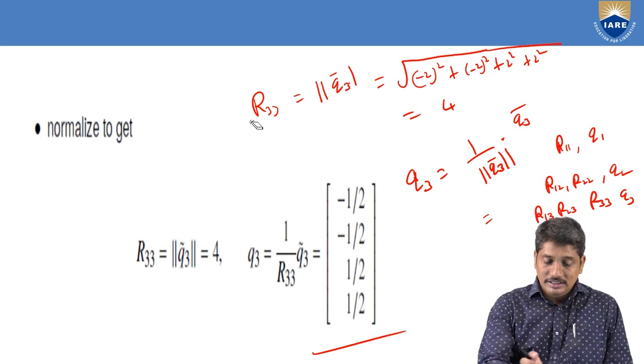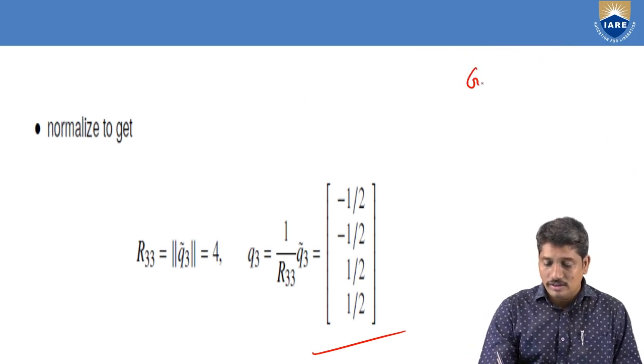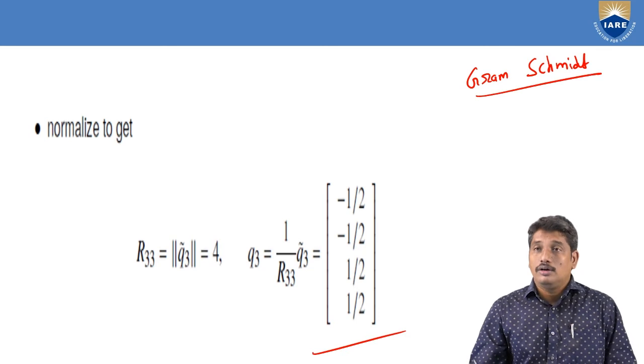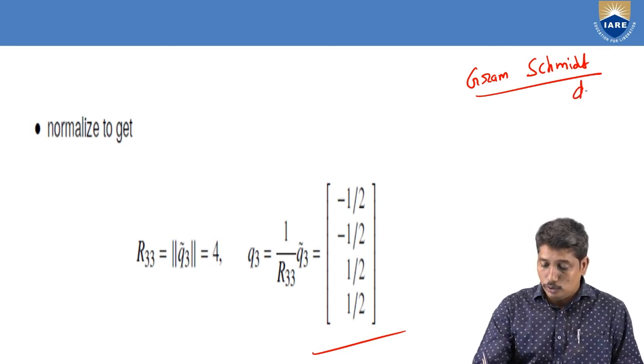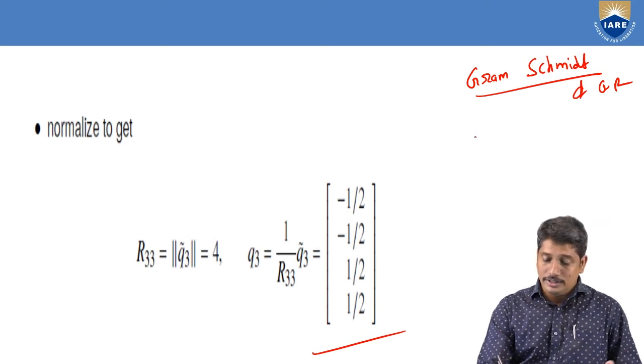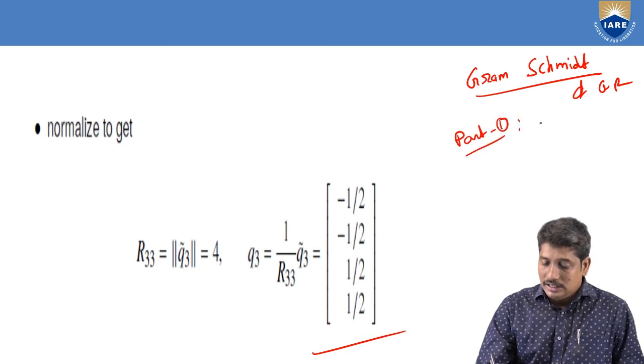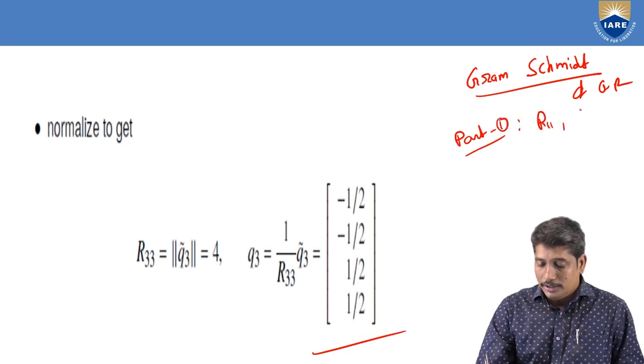Okay, let us summarize. When we summarize the Gram-Schmidt process of QR decomposition, it contains 3 parts for a 3 by 4 or 4 by 3 or 3 by 3 matrix. Part 1 will calculate R11 and Q1.